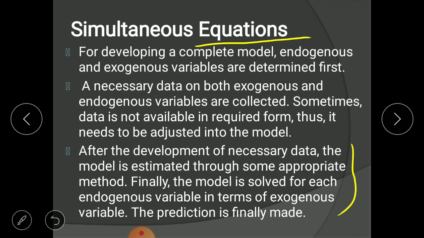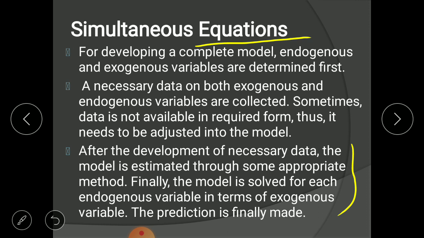So this method will be time consuming. Again, this is not a task that any manager can do. They need to hire a researcher or statistician. So this method is expensive and complex. Even the interpretation of this method is sometimes not understood by common people.